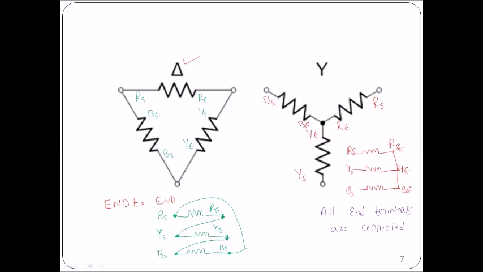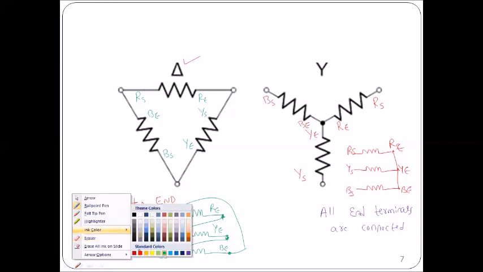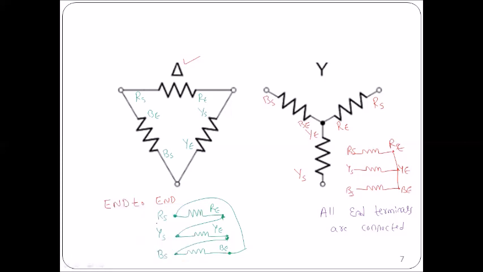That is the junction point for these nodes, that is RSBE. You can see here, this is the junction point for the RSBE connection. Then REYS, this is the junction point. Then YEBS, this is the junction point.